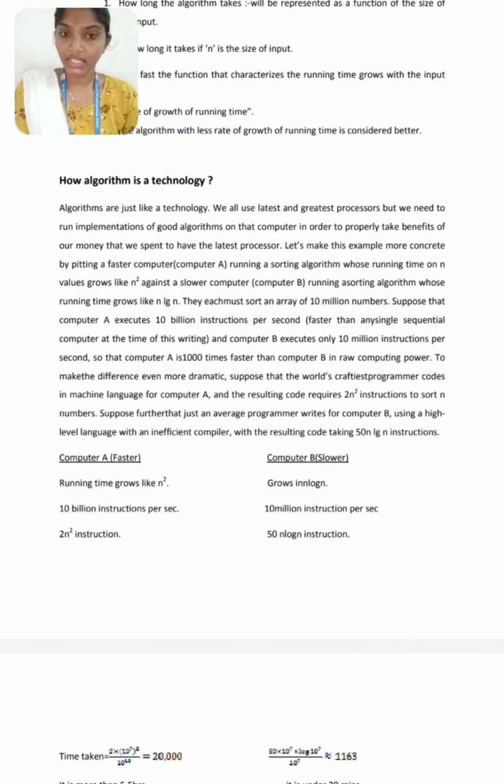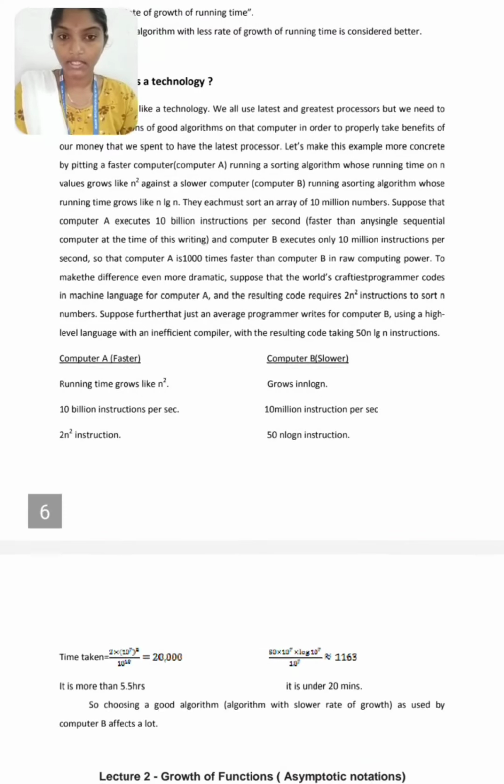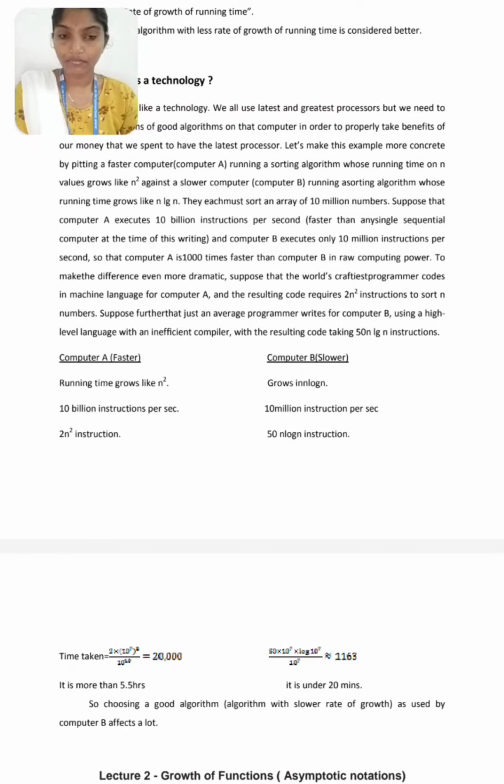To make the difference even more dramatic, suppose the world's craftiest programmer codes insertion sort in machine language for computer A, and the resulting code requires 2n square instructions to sort n numbers. Suppose just an average programmer writes merge sort for computer B using a high level language with an inefficient compiler, with the resulting code taking 50 n log n instructions.